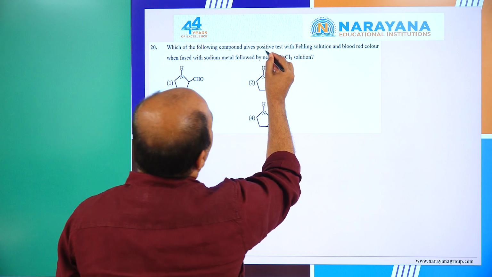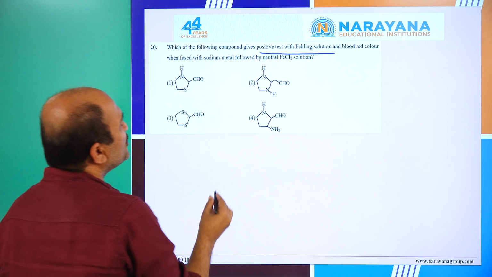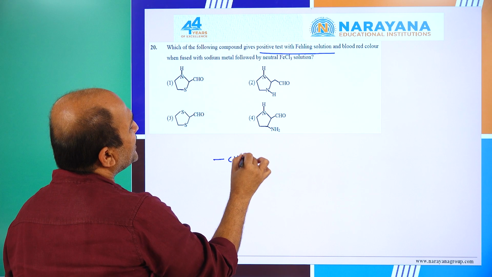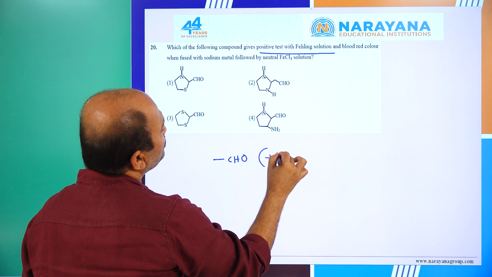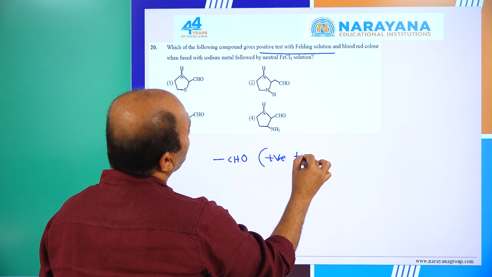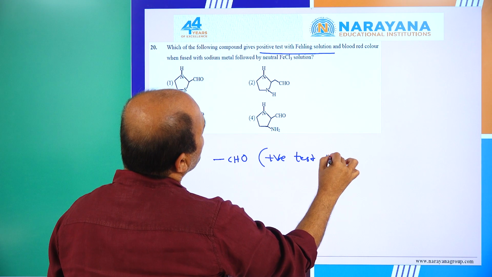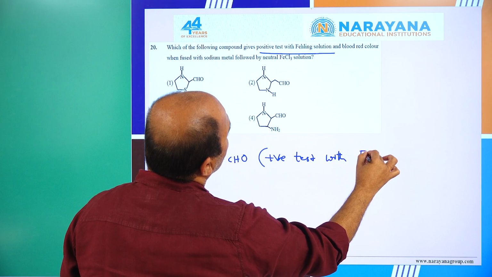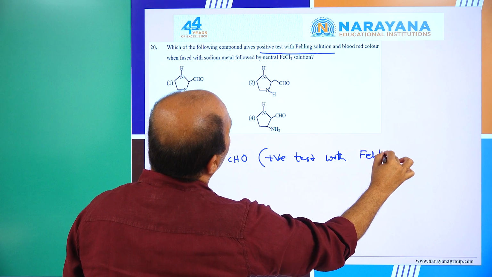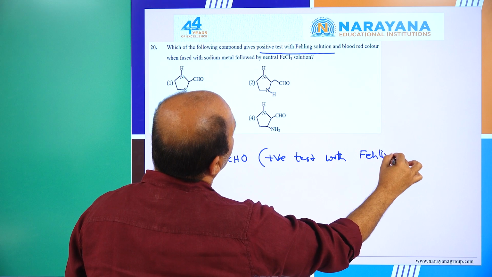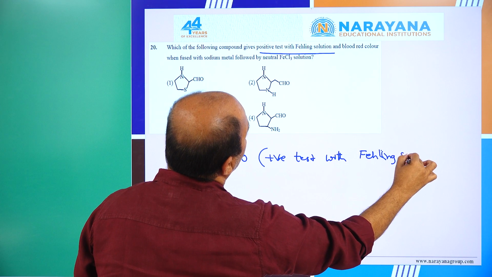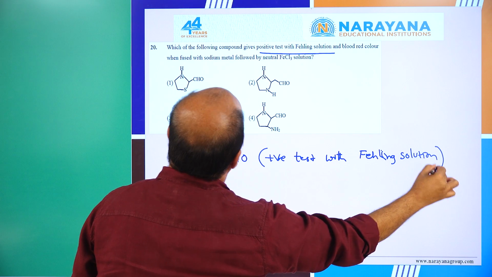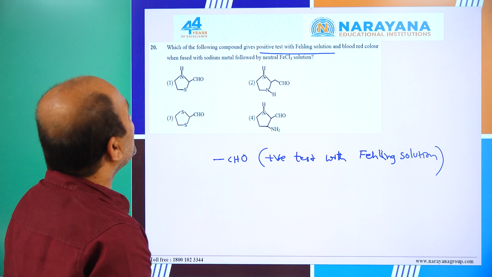A positive test with Fehling's solution means the compound should contain an aldehyde. So all the given options have an aldehyde group. Then check the blood red color.